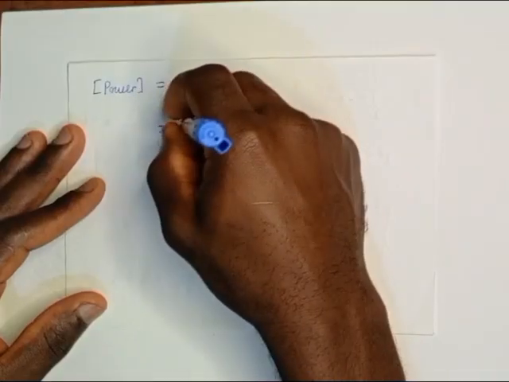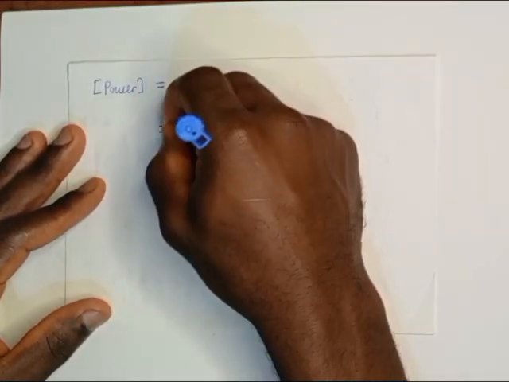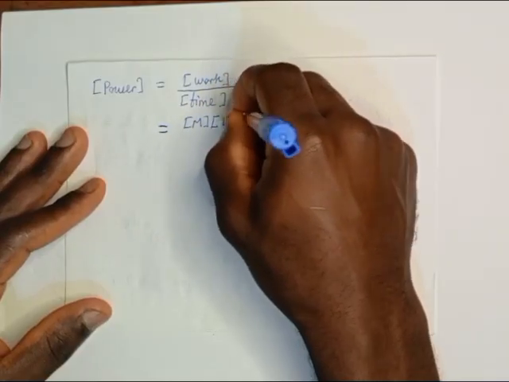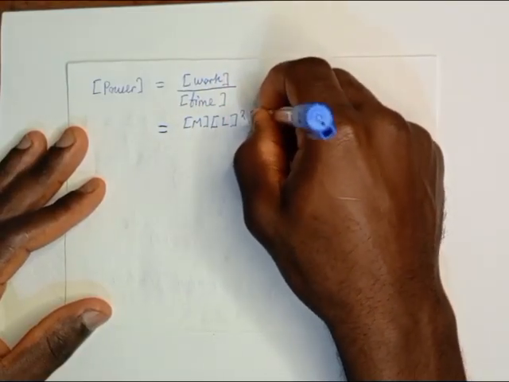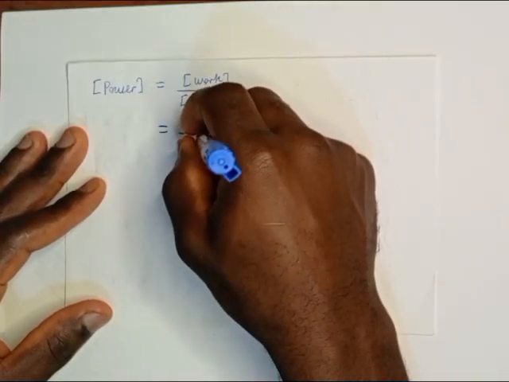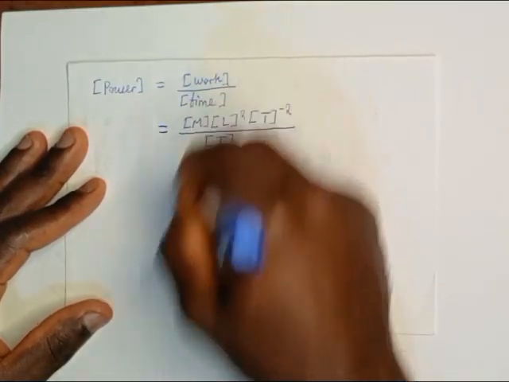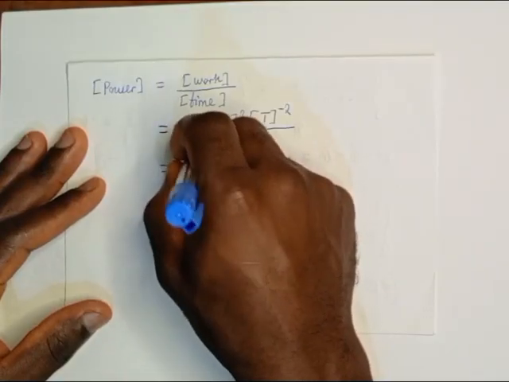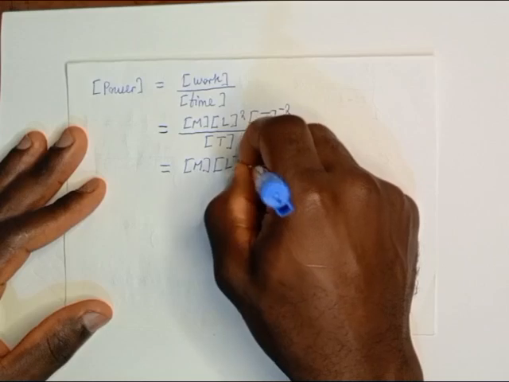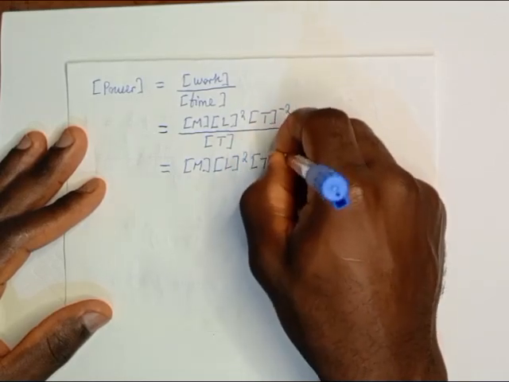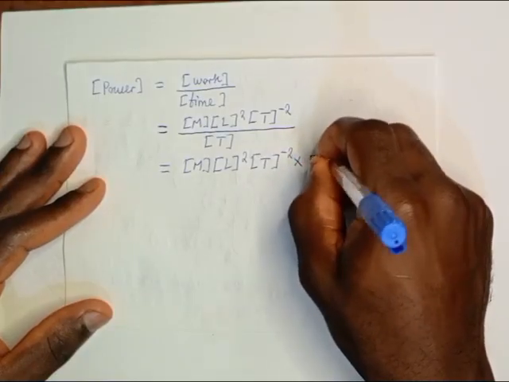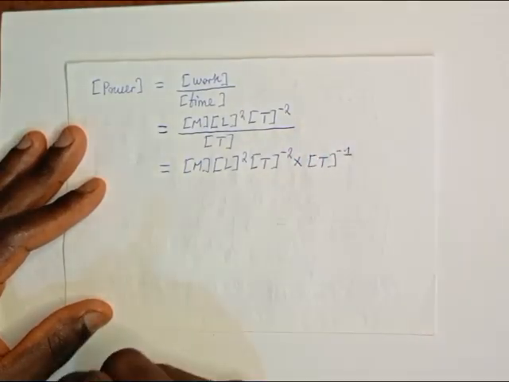This will simply be equal to the dimension of work, which is M times L squared times T raised to the power negative 2. We divide by the dimension of time, which is T. This will be equal to M times L squared times T raised to the power negative 2 times, bringing this up, T raised to the power negative 1.